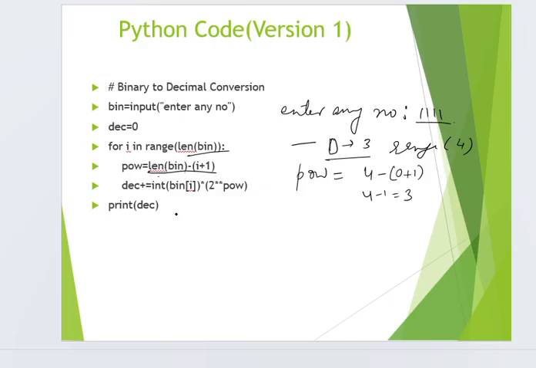Okay, now decimal, as the value of decimal is 0. So what we are doing here, we are taking bin of i. What is the value of i? 0. So we are finding bin[i]. The index of this one is 0, the index of this one is 1, the index of this one is 2, and the index of this one is 3.